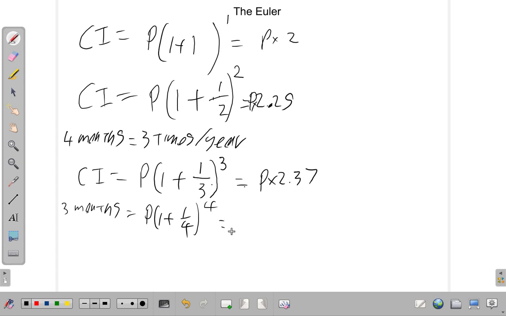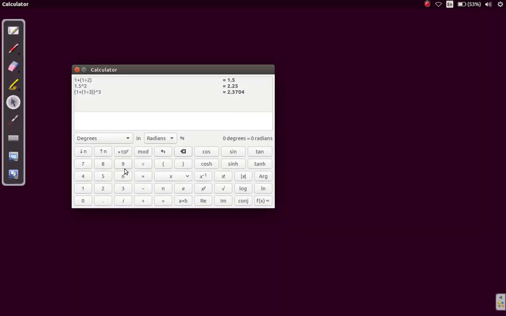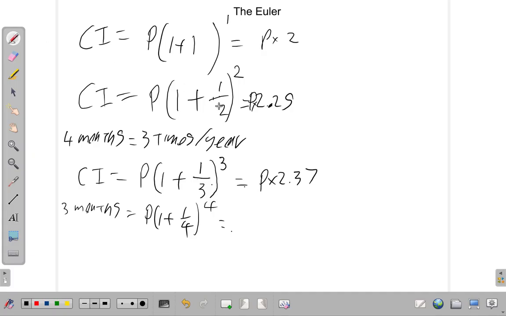In this case, 1 plus a quarter to the power of 4. Let's do it this way. It's 1 plus 1 over 4, to the power of 4, gives you 2.441.